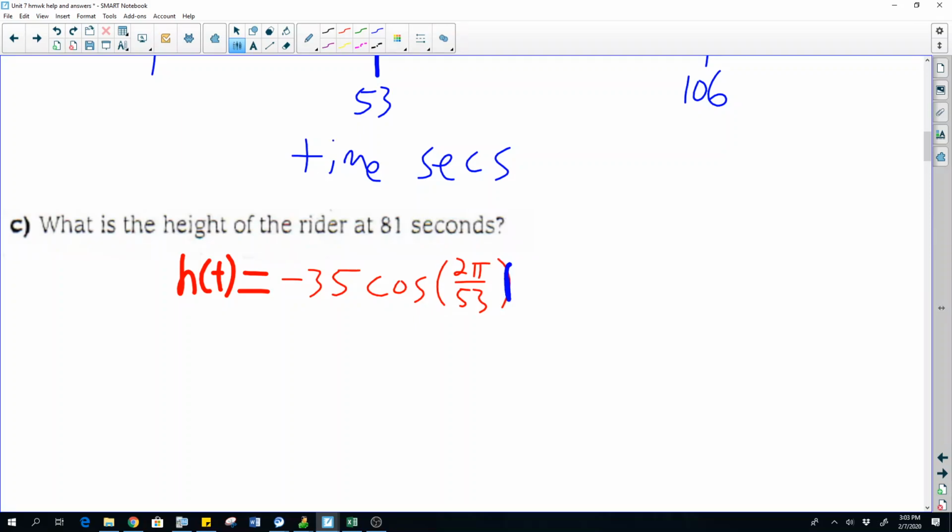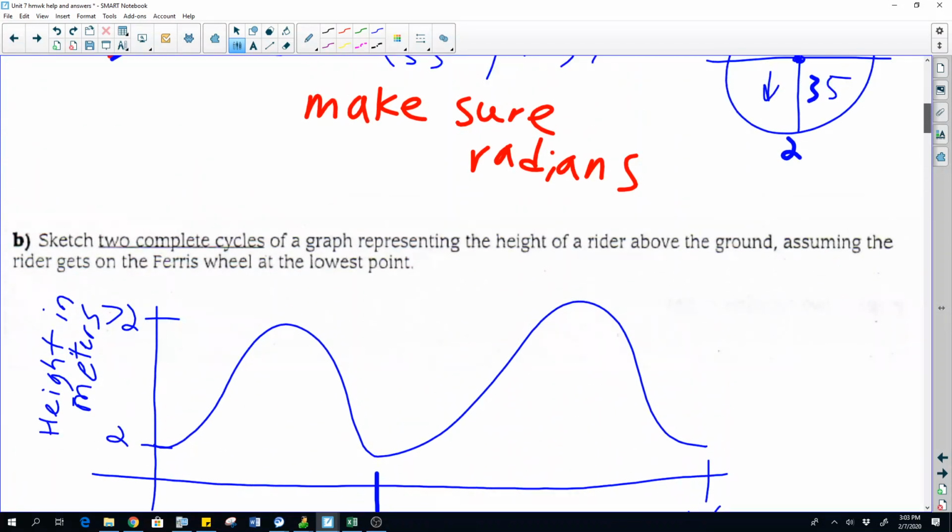Don't forget our x there. And then we had a midline shift of 37.